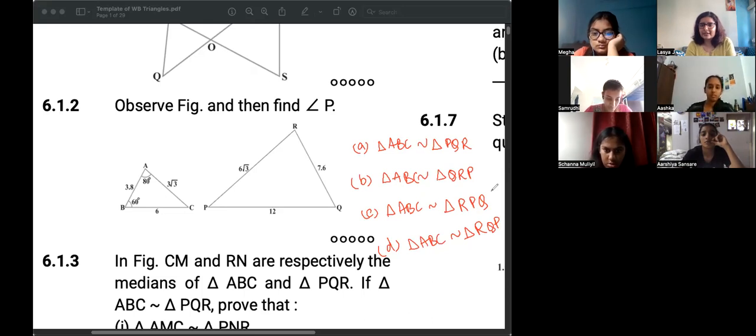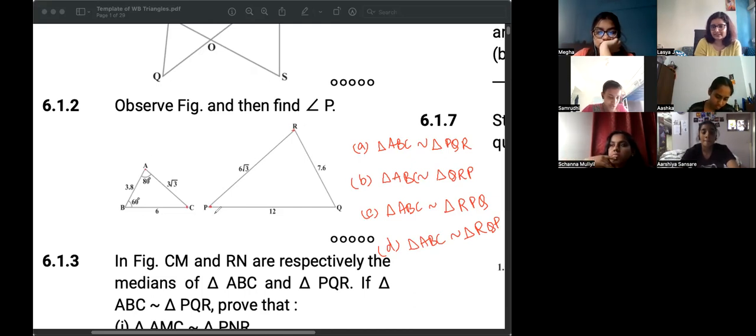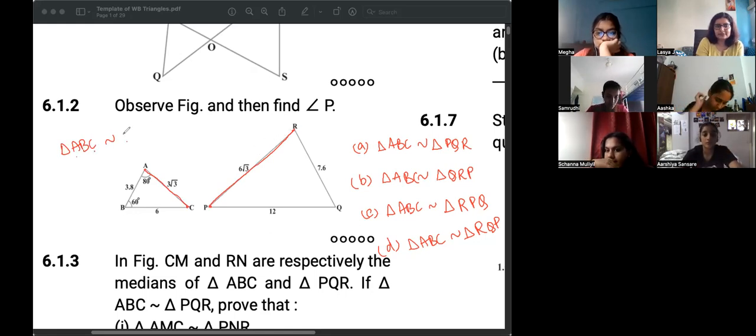Yeah, Samriddhi, Megha, Arshia, Ashka. Yes. Okay, so be careful. If you found the ratio of AC is proportional to PR, then they should have the same place. So if you start off with triangle ABC similar to, now AC is proportional to PR, so that is the ratio you took. Wherever AC is, the same place should be occupied by PR, on the cornermost sides.